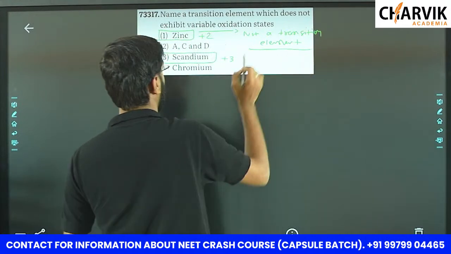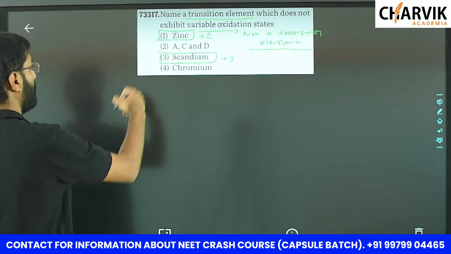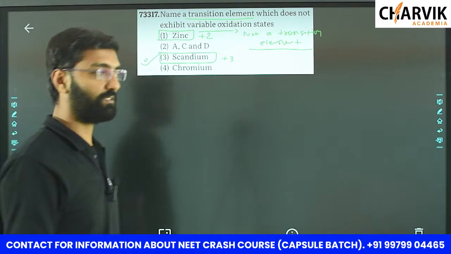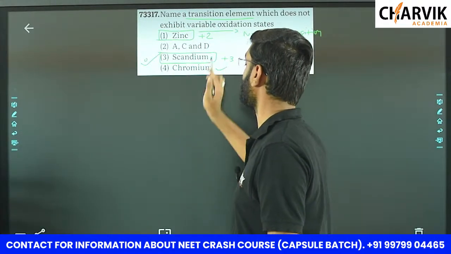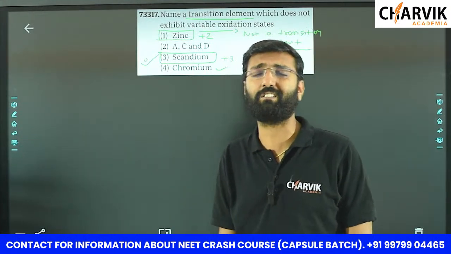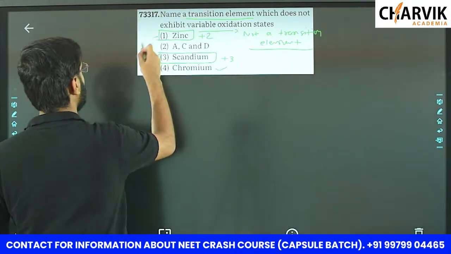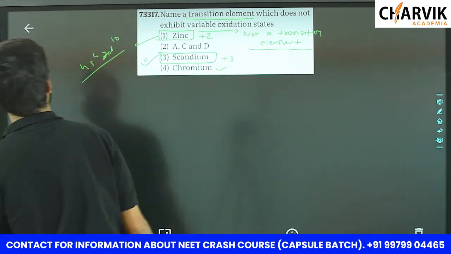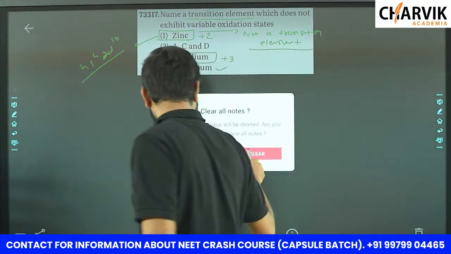Zinc is not a transition element, but the question is about transition elements. So your correct option is third. Scandium has only the +3 oxidation state, right? Whereas chromium has variable oxidation states. Zinc has a fixed +2 oxidation state, but zinc does not belong to the transition elements because zinc has the fully filled 3d10 4s2 electronic configuration. Right? Okay. Move to next.